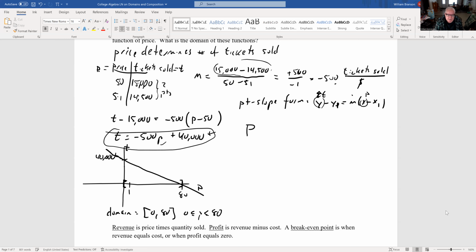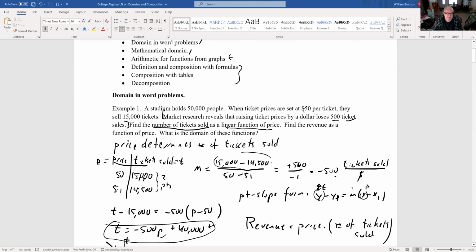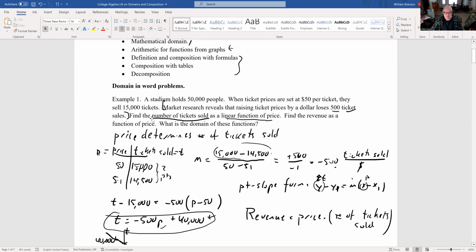Revenue is price times number of tickets sold. And so if you set the price at $50, you can sell 15,000 tickets, which means your revenue would be 50 times 15,000, which I think is $750,000 in revenue.